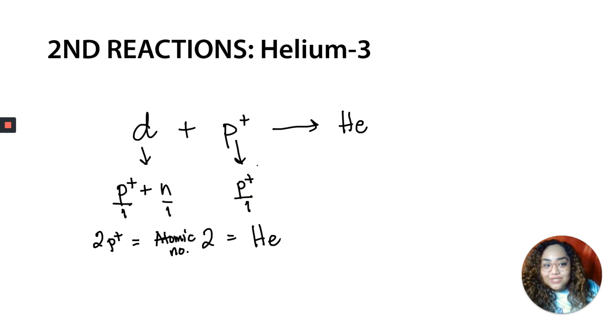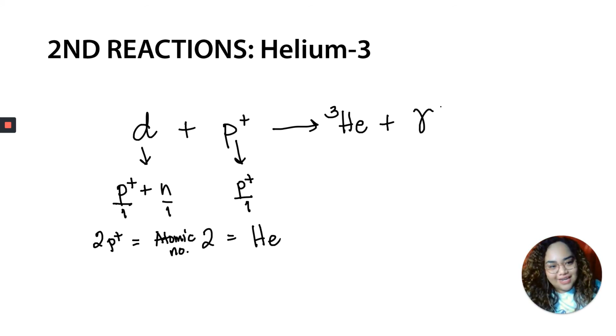So 1 plus 1 plus 1, you'll get 3. So that will become helium-3. And then there is gamma. I hope you still understand. If you were lost in translation somewhere over there, you can just rewind and watch it again. So that is the second reaction.